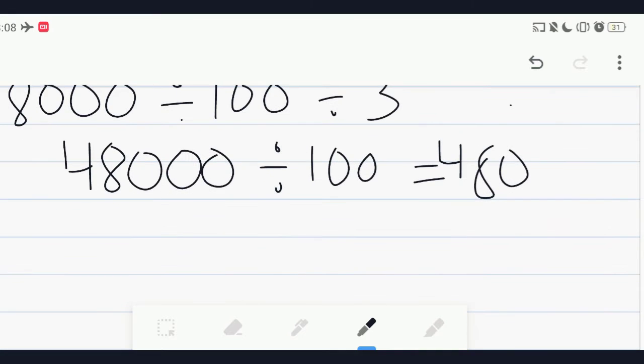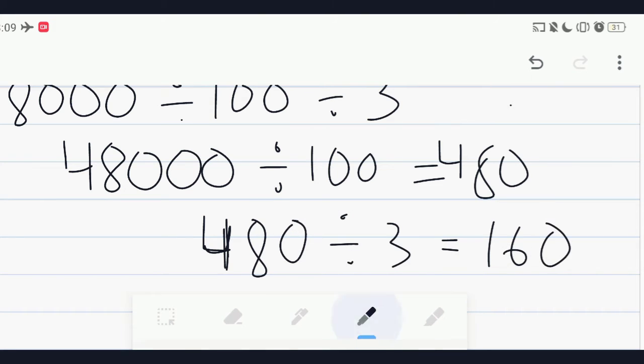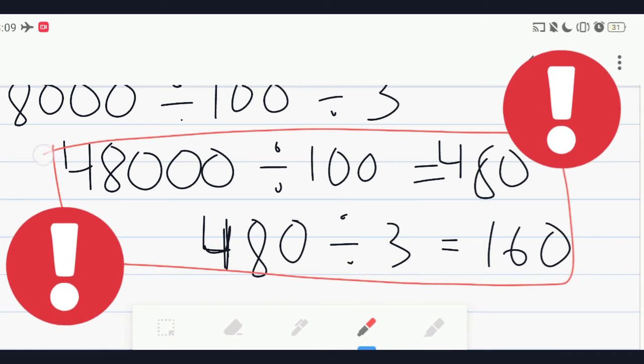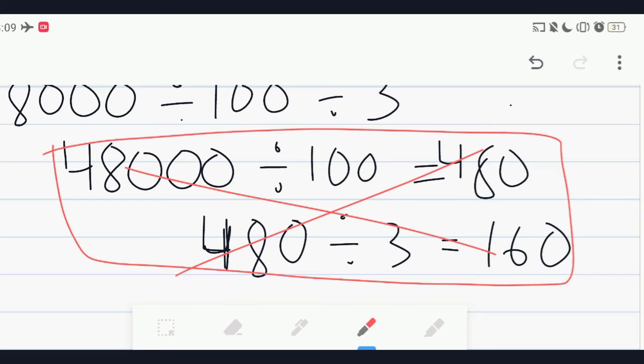So if you write it one by one, 48,000 divided by 100, you get 480, and then 480 divided by 3, then you get 160. If you use this one, I will mark it wrong, because you are not allowed to write it one by one.